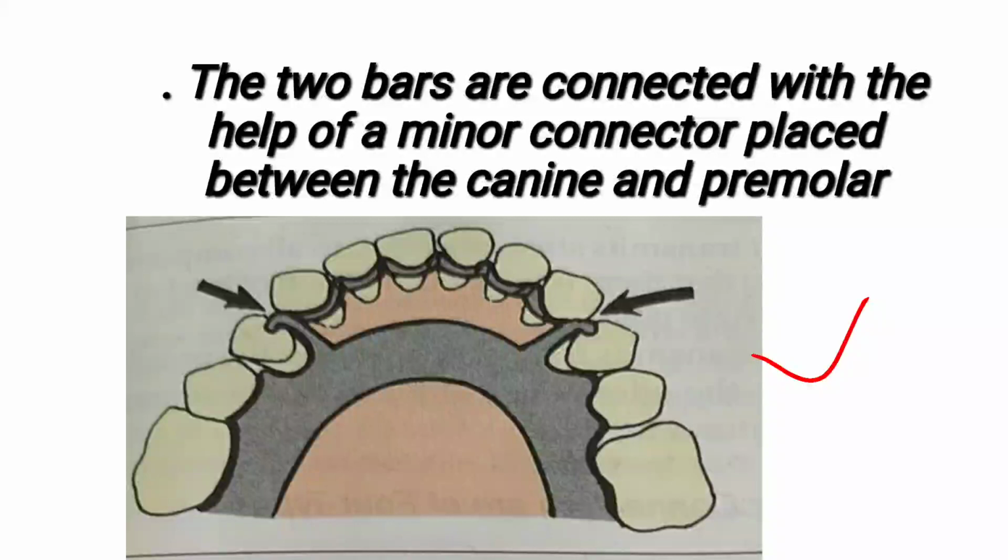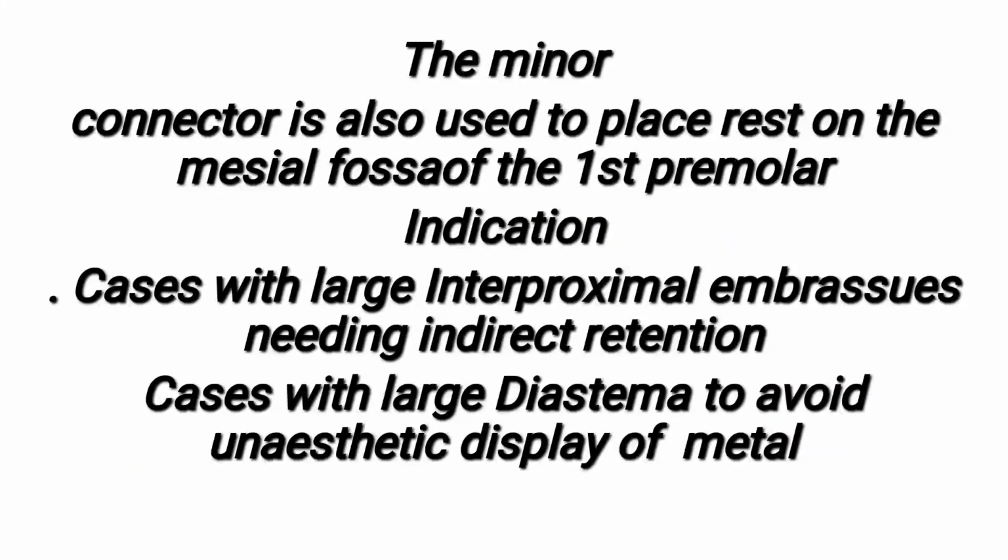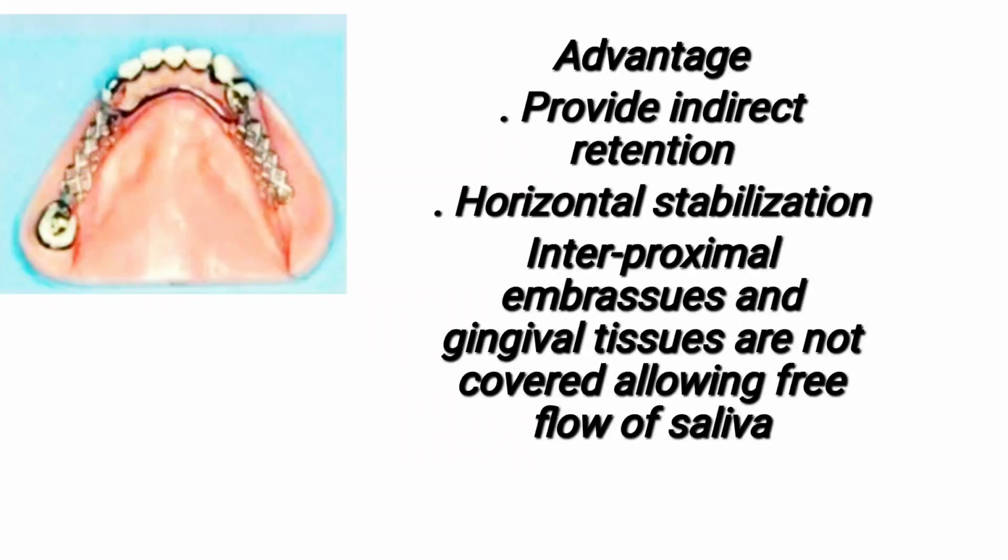First premolar. Now, what are the indications? Cases with large interproximal embrasure needing indirect retention. Cases with large diastema to avoid unesthetic display of the metal.